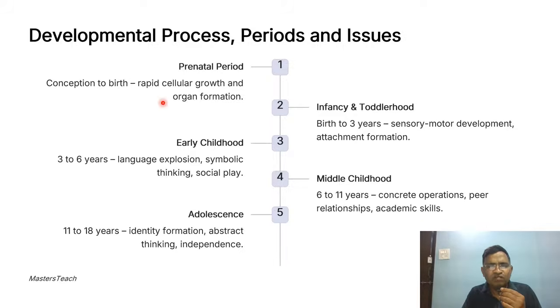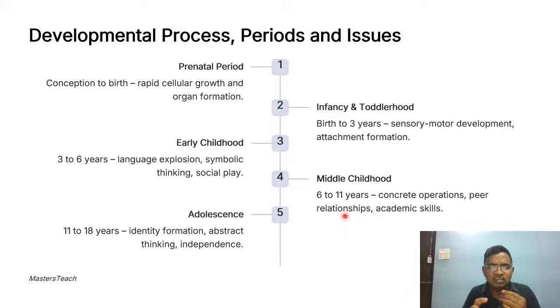Infancy and toddlerhood is birth to 3 years, where sensory-motor development and attachment formation take place. Early childhood is 3 to 6 years, with language explosion, symbolic thinking, and social play. Middle childhood is 6 to 11 years, where concrete operations, peer relationships, and academic skills develop. Then adolescence is from 11 to 18 years.